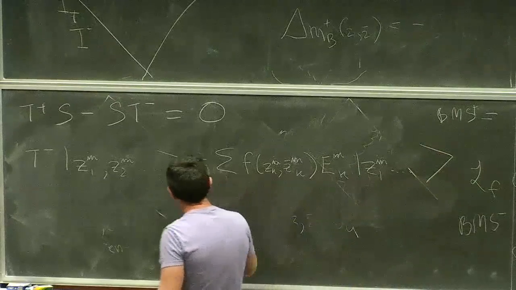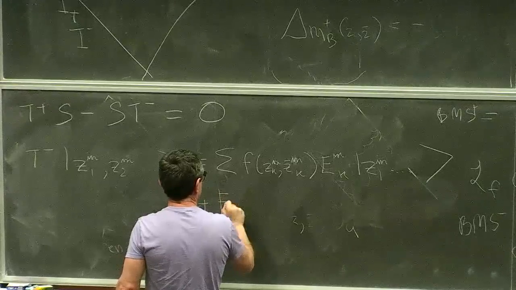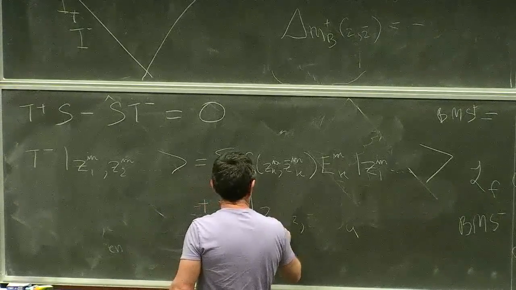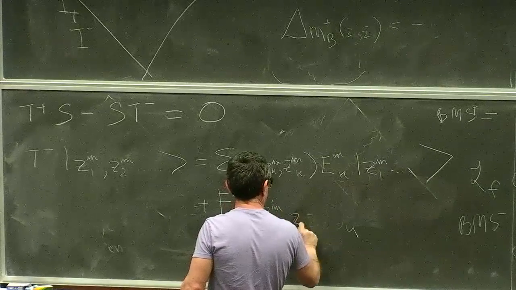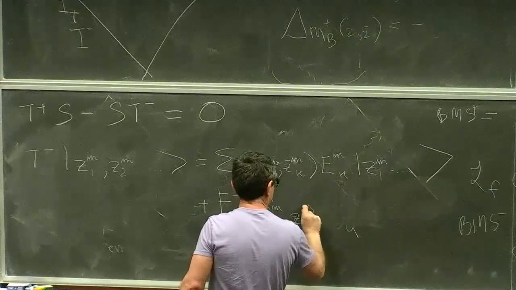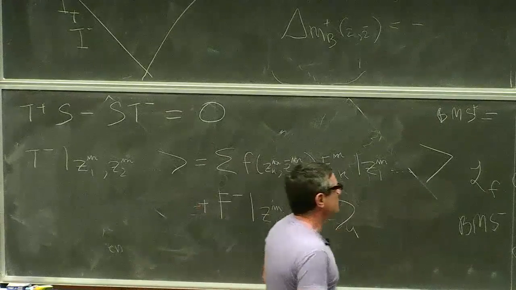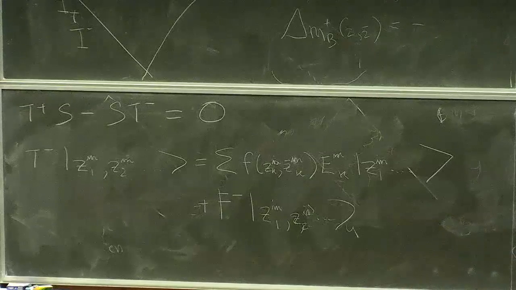And the second term just takes the initial state and adds to it a soft graviton. And obviously, there's a similar formula I can write for the out states.